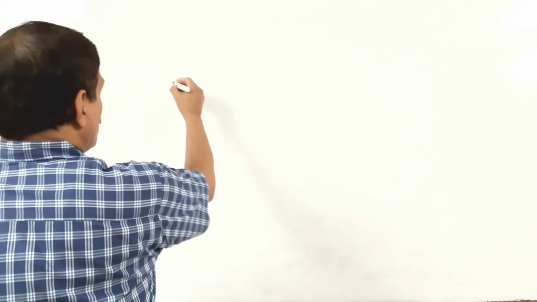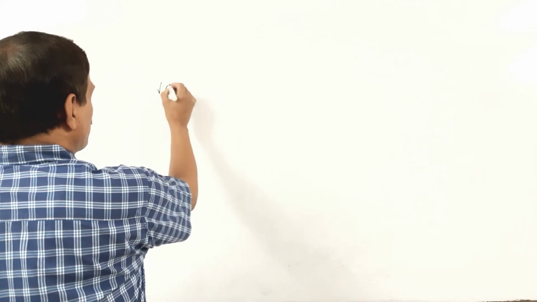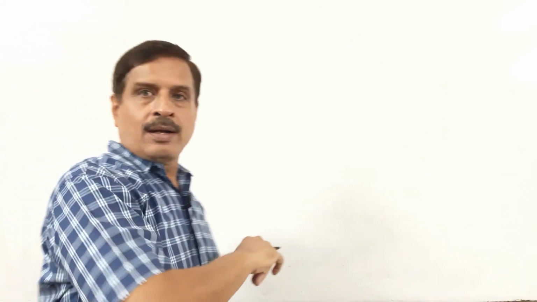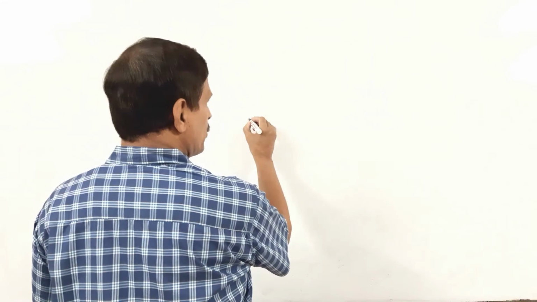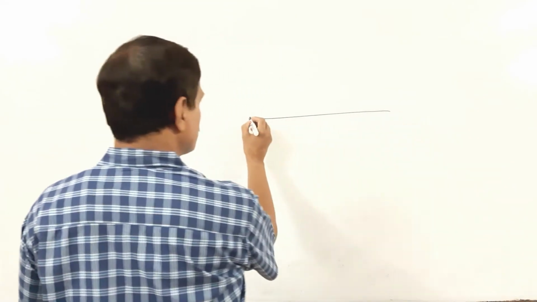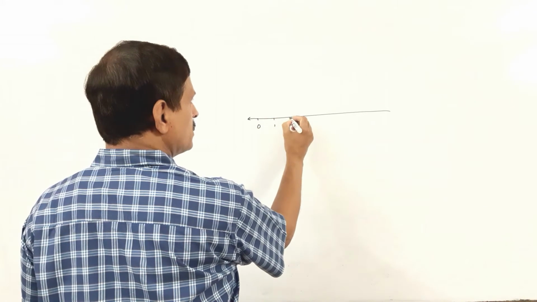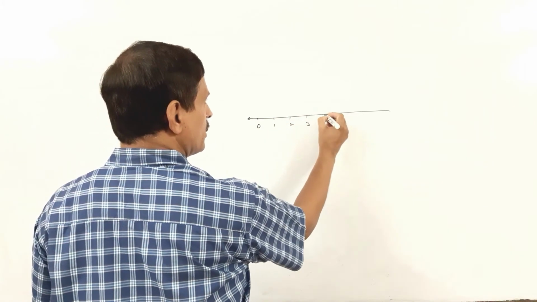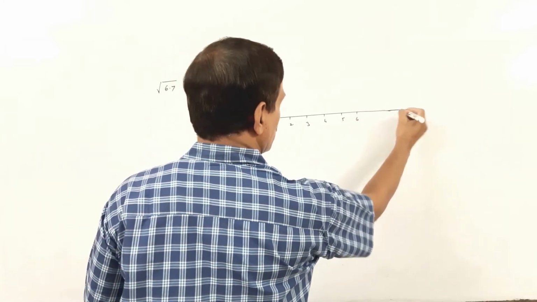Now we will represent square root of 6.7 on the number line. For this we draw a number line, mark it with 0, 1, 2, 3, 4, 5, 6 and so on.